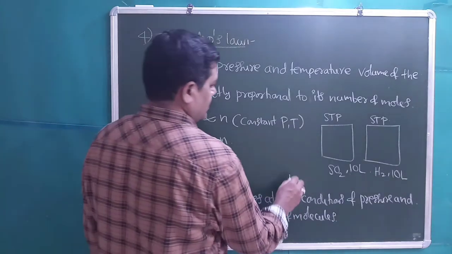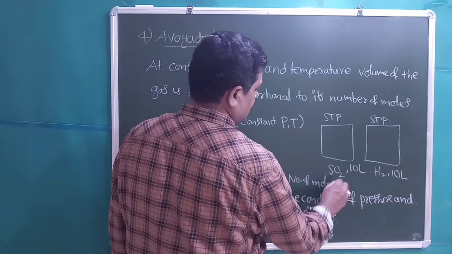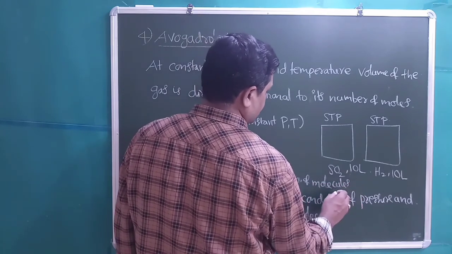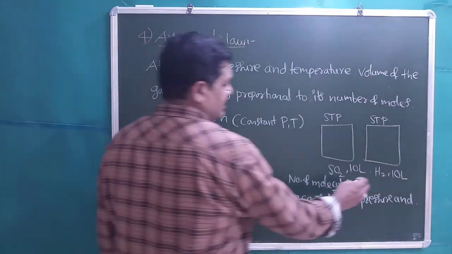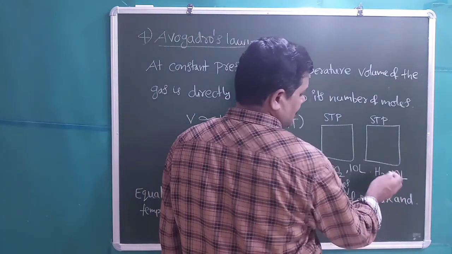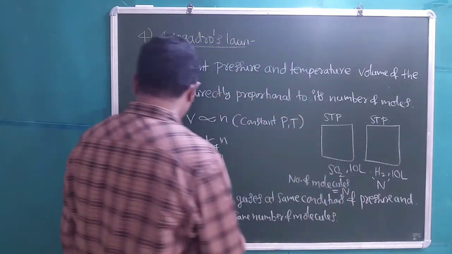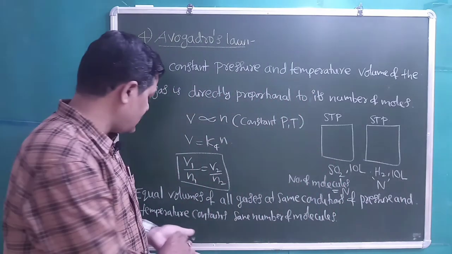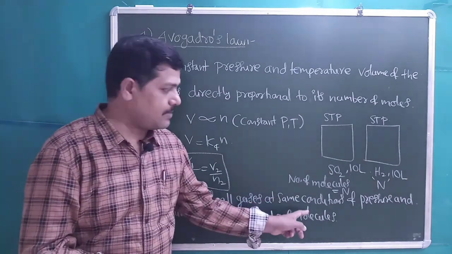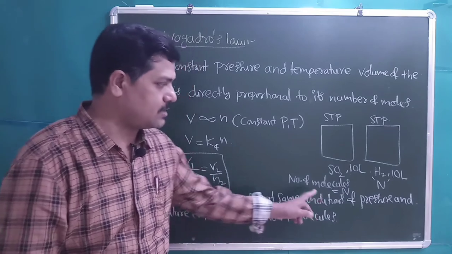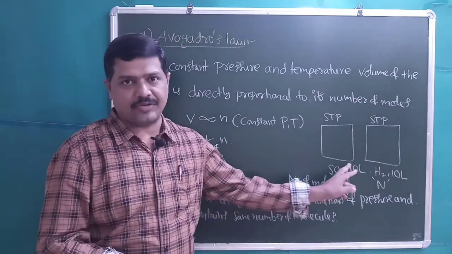If the number of molecules in the SO2 is capital N, then the number of molecules present in the H2 is also N, because Avogadro's law states that equal volumes of all gases at the same conditions of pressure and temperature contain the same number of molecules.